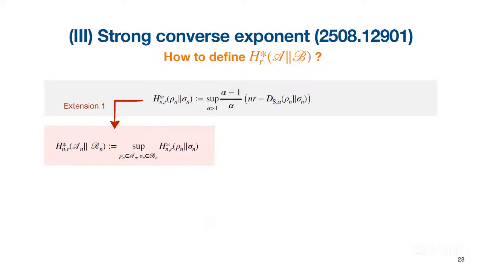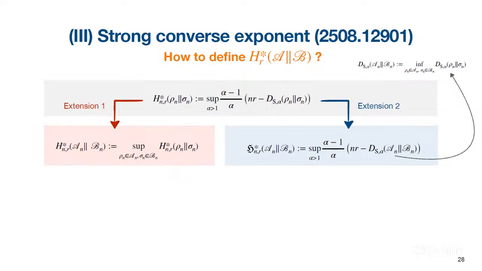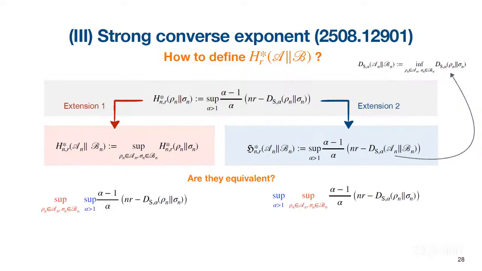The first one is to use the anti-divergence as a black box, so here we take the supremum over all the possibilities. On the right-hand side, you can extend it first for the sandwiched divergence and make use of this explicit expression. After that, we can still ask the same question: are they equivalent, and why are they equivalent?